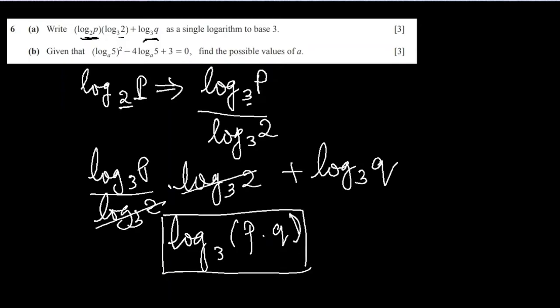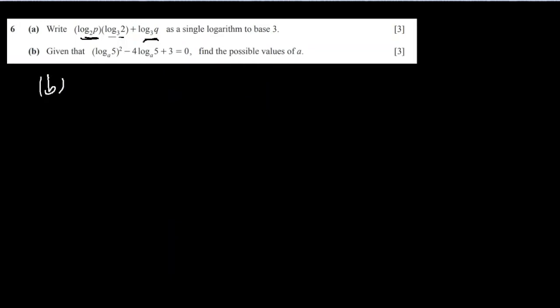What about B? It says log base a of 5 squared minus 4 log base a of 5 plus 3 equals 0. So we have to basically find the value of a. Let's assume log base a of 5 is t, another alphabet, because log base a of 5 is here and here, so we can take it as t.